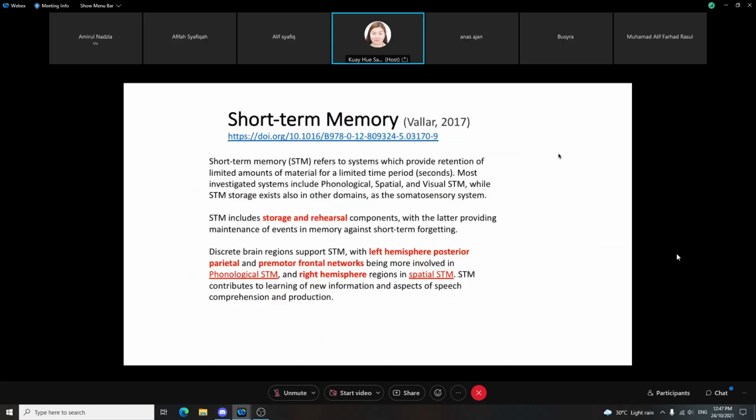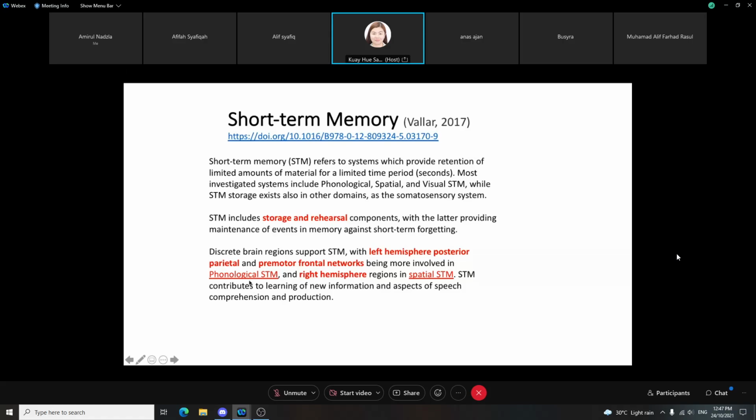Okay? And short-term memory refers to, this one is based on the definition given by a researcher and it was published as well, systems which provide retention of a limited amount of material for a limited period of seconds. So it includes storage and rehearsal components, with the latter providing maintenance of events in memory against short-term forgetting.